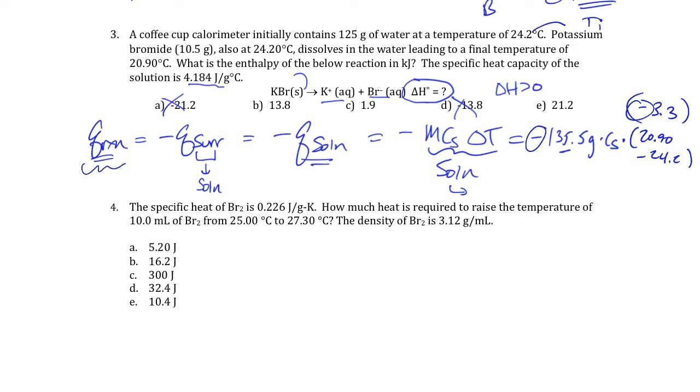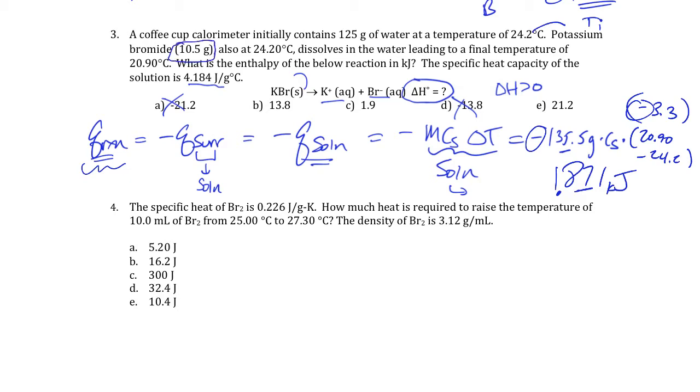So we do 135.5 times 3.3 times 4.184 gives us 1,871. That's joules. So we might go to kJs. So 1.871 kJs. Now that's the heat being released just by this particular quantity of KBr reacting.